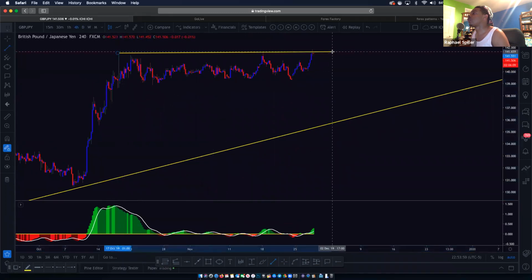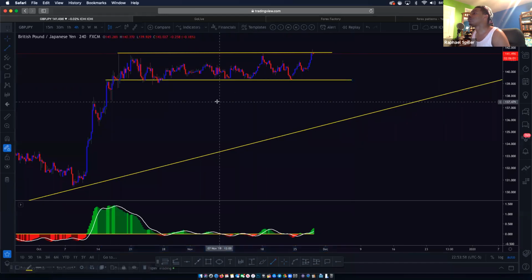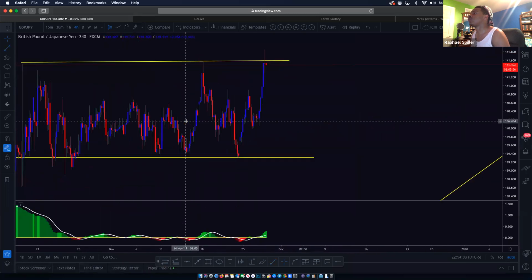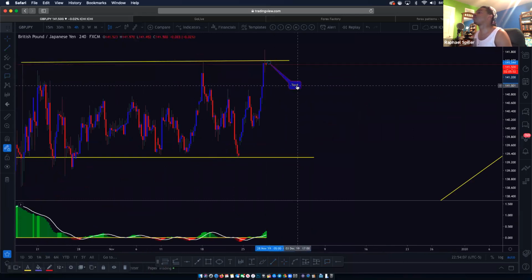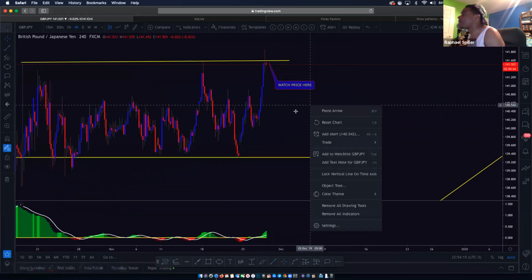What I see, though, is that we have been consolidating in this area for some time now. What I want you guys to do is watch price here. Watch what happens. Watch for a breakout. Watch for a downward move.